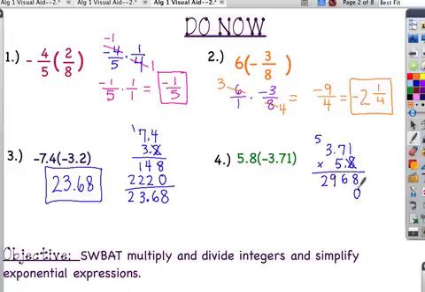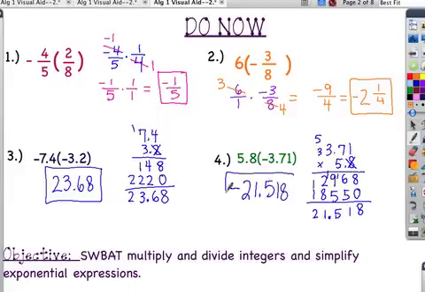Cross off the 8 and put a placeholder of 0. 5 times 1 is 5, 7 times 5 is 35. And then the 15 plus 3 is 18. Add it up. And then there are 3 total digits that come after decimal points in the question. So I count 1, 2, 3 from the right and put my decimal point. This is a negative answer, negative 21.518.